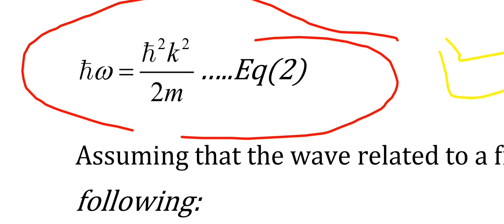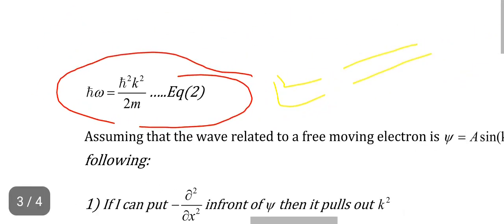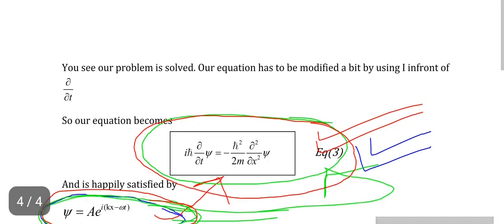That's why equation 2 is the bridge between my classical equation and the quantum or the wave nature of my electron. So the basic fundamental equation that is equivalent to equation number 2 is equation number 3.